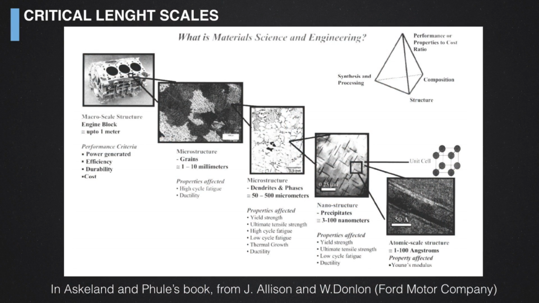Let's go one step down. So if you go in between the micrometers and the nanometers, you will find more interesting phenomena. For example, the grain boundaries, as I told you, and you will start to see that there may be certain nanoscaled precipitates, in particular in the cast iron structure.